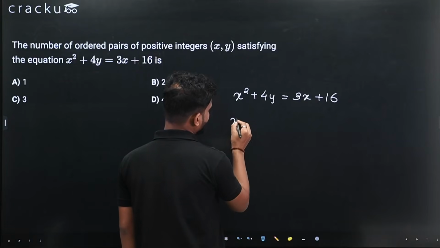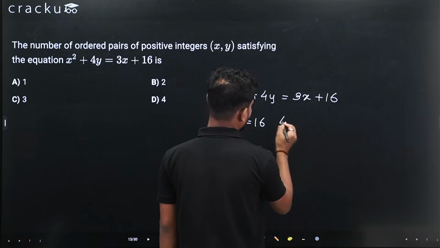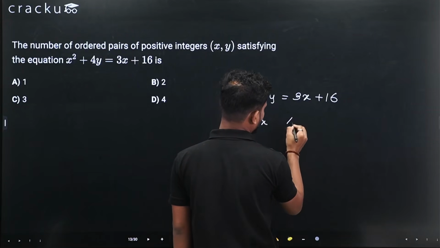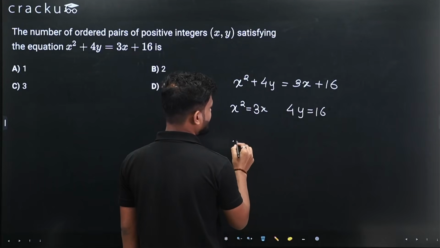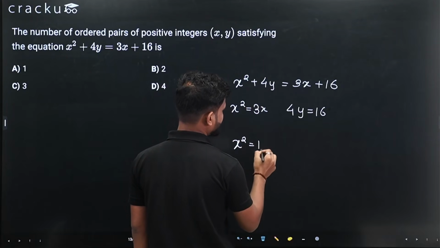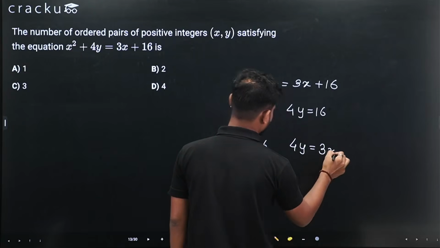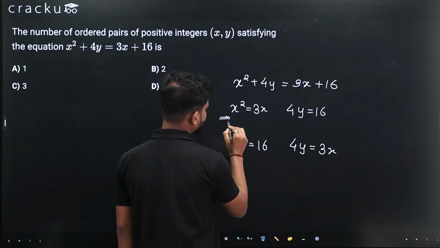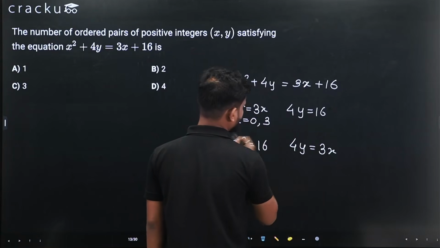So first thing will be x square equal to 3x and 4y equal to 16. Other thing can be x square equal to 16 and 4y equal to 3x, right? From x square equal to 3x you get two things, x equal to 0 and x equal to 3.